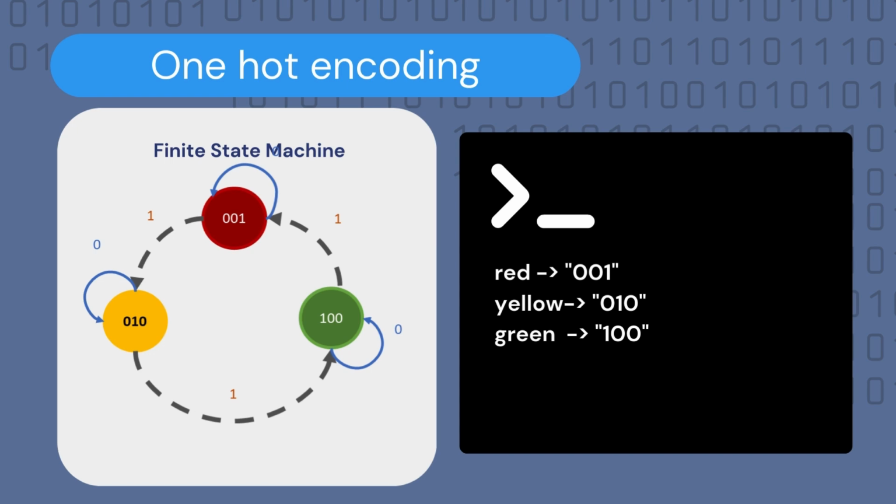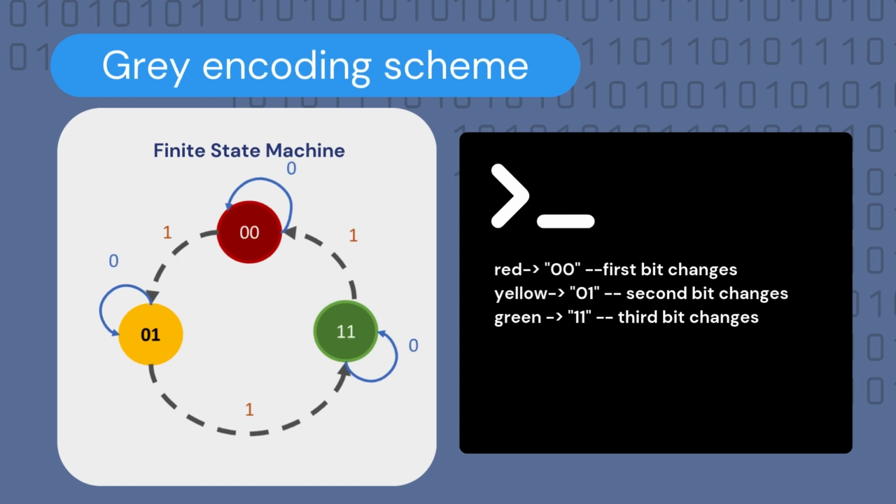Finally, the last type that we will talk about in this video is the gray encoding scheme. It is much faster than the binary encoding, as it only needs 1 bit change per state. So this translates into 1 bit only changing when a state changes from one to another. So applying that into our example of the traffic light system, the red light state would be represented by 0, 0.